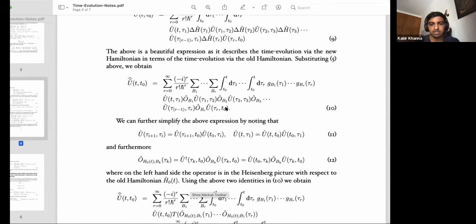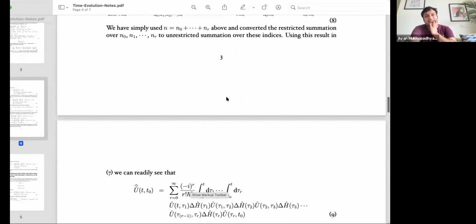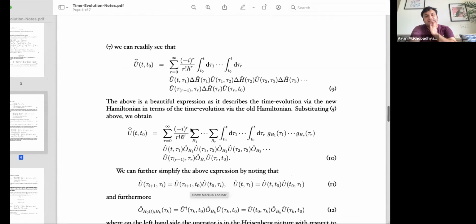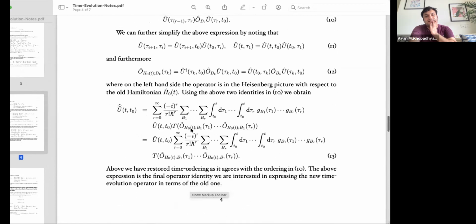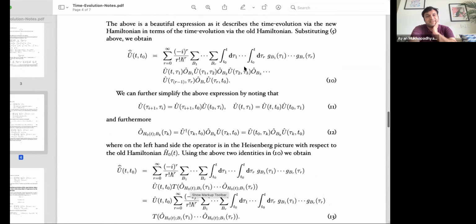This should have kept the original stuff here. Like tau1 goes from tau2 to t, and tau r goes from t0 to tau r. So I think I should have done that. I will correct this in the notes.